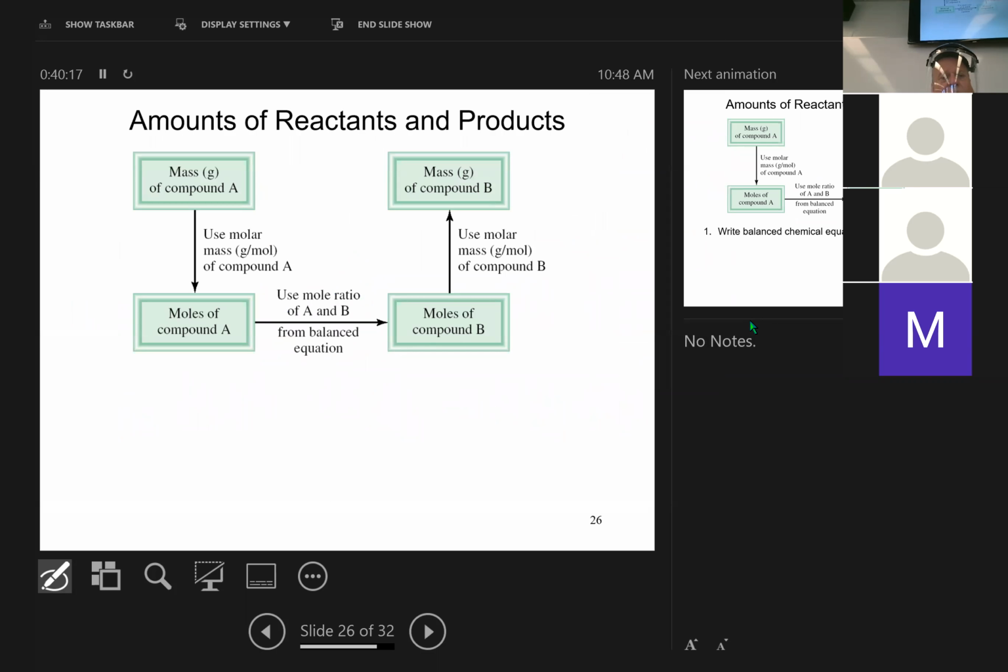So essentially this is the next thing we're going to be working on next time: amount of reactants to products, going grams to moles using the mole ratio, and then moles to grams on the other one. And basically this is the beauty of Hein, because in that book, in chapters 7 and 8, he spends a lot more time spreading out the problem, so you could work on that.